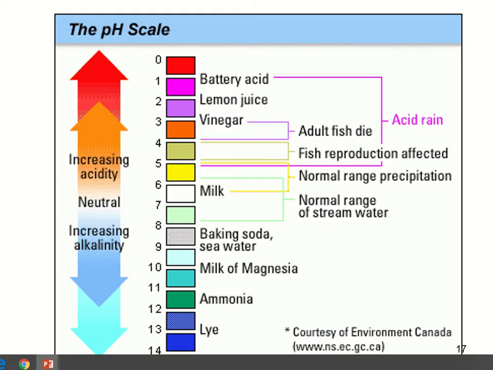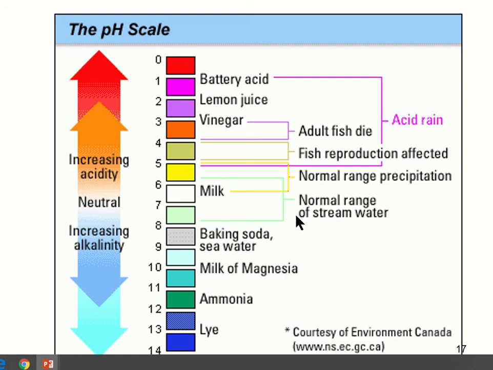So just to give you an idea of certain things that are acidic and basic, I have a pH scale here with some things like battery acid. Acid rain can be in this range. Fish die if it's this strong of acid rain. Fish reproduction is affected if it's just slightly acidic. The normal range for precipitation is slightly acidic.